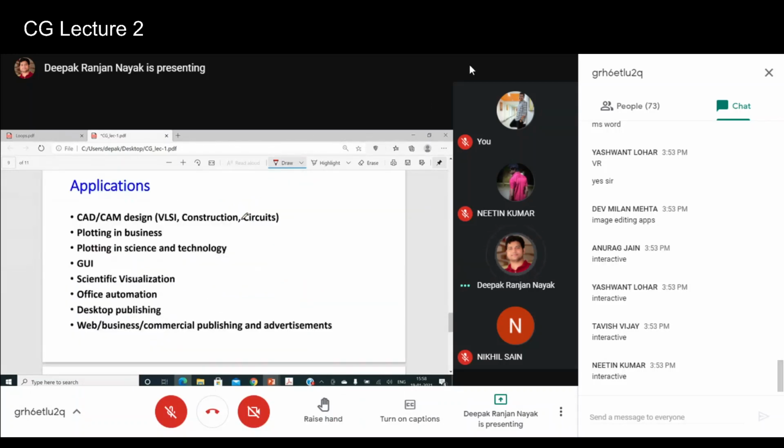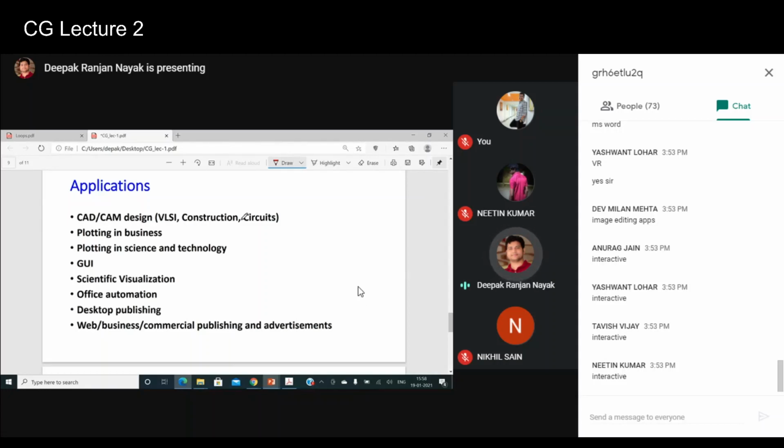So next is the applications. As I mentioned earlier, computer graphics has a wide range of applications in different fields.